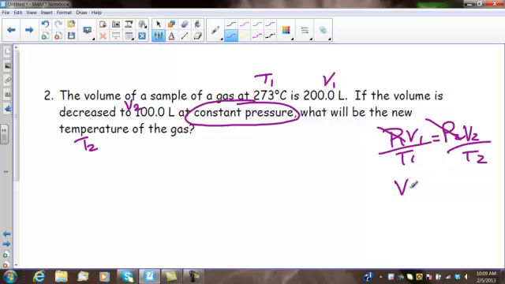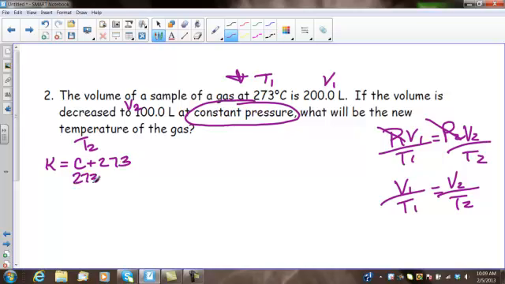Get rid of it, so I'm really working with V1, T1 equals V2, T2. The second thing I have to realize is that my temperature is not in Kelvin. Kelvin equals Celsius plus 273. So 273 plus 273 is 546. So that's really my T1.